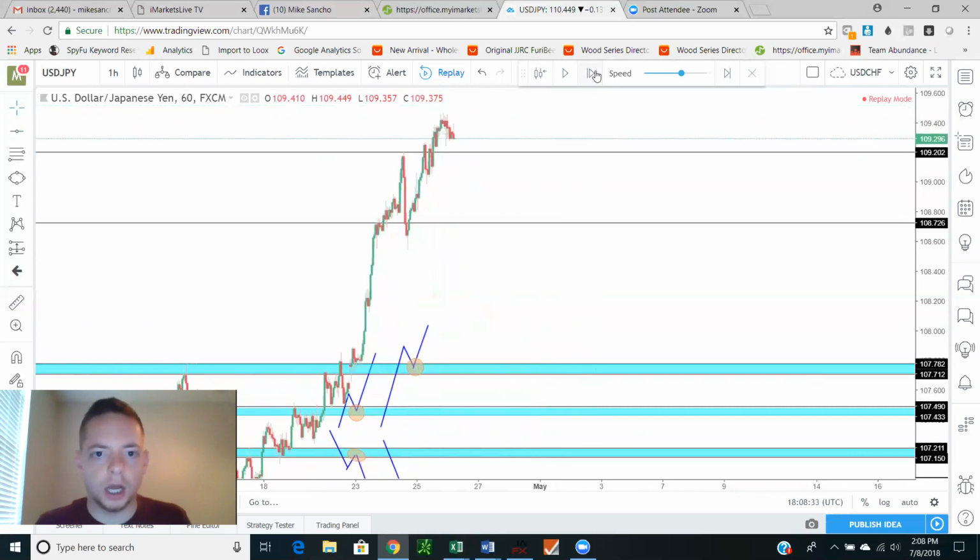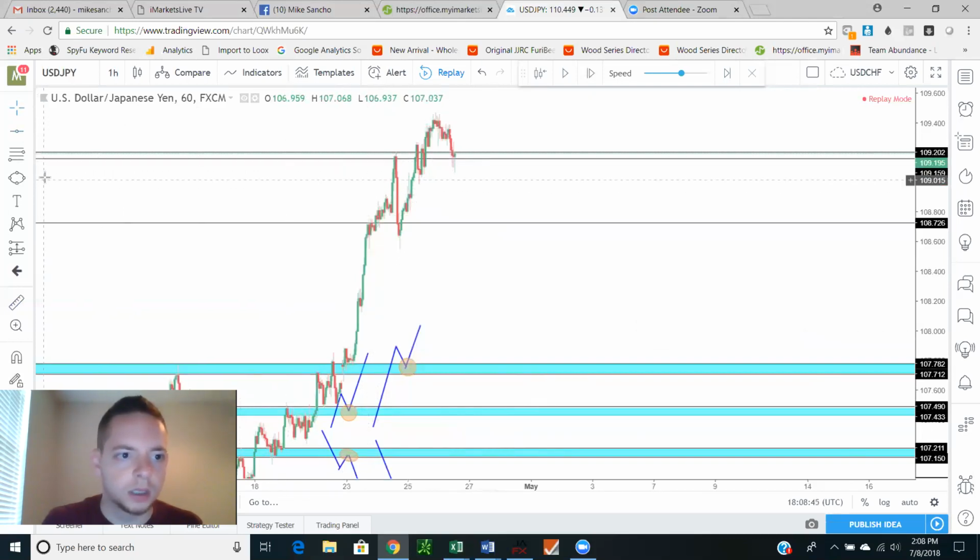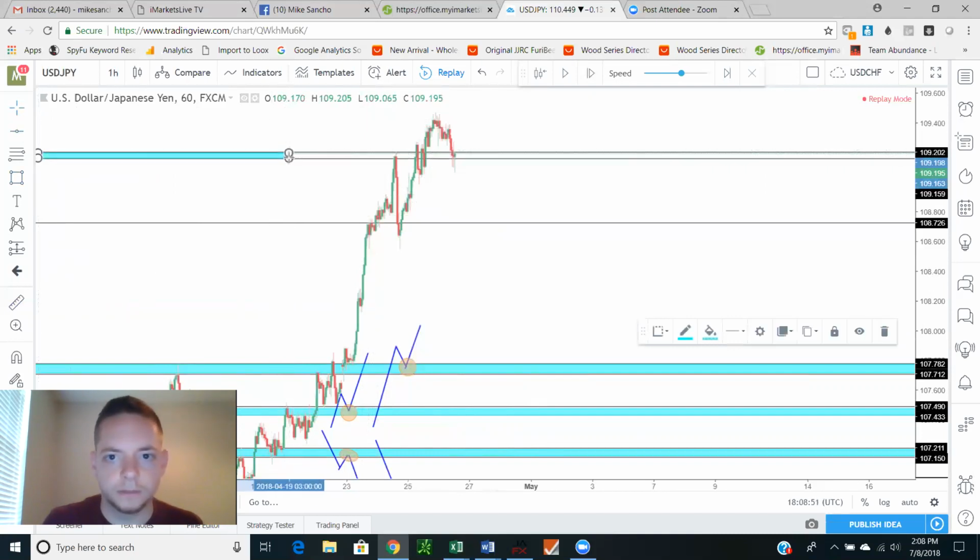Depending on what I saw on the 15-minute or the 30-minute, I might have entered another buy. And here's a potential buy too, because it's pulling back to this most recent high that it broke. It broke this ceiling, and now it's testing it as a floor. So this is definitely a zone of interest.